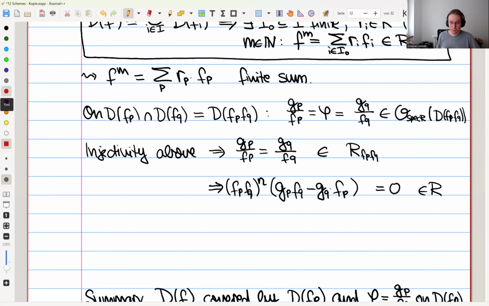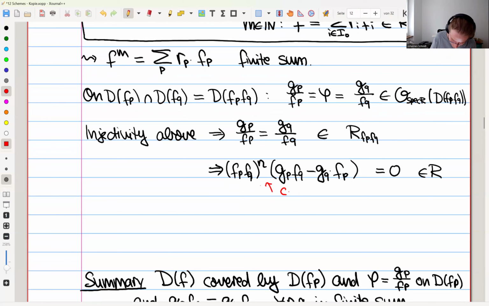So this now works for all P and Q appearing as indices in this finite sum. And because it's a finite sum, a priori, for each P and Q, you would choose a separate power, a separate N_PQ. But in fact, since it's only finitely many such pairs, you can pick an N which works for all P and Q in the finite sum.